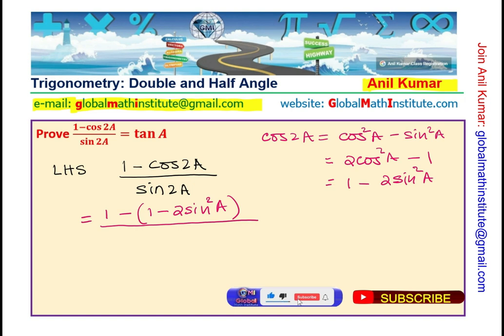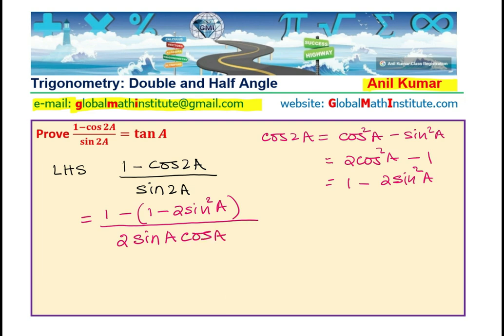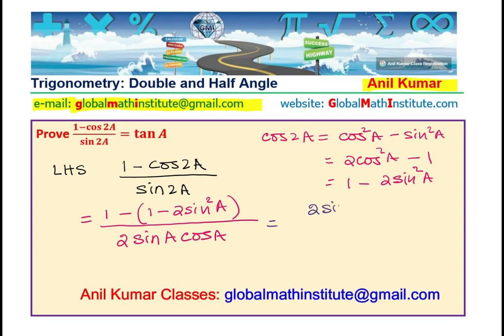As far as sine 2a is concerned, only one formula, which is 2 sine a cos a, right? Okay, great. Now if you open the bracket in the numerator, you get 2 sine square a. The denominator is 2 sine a cos a.